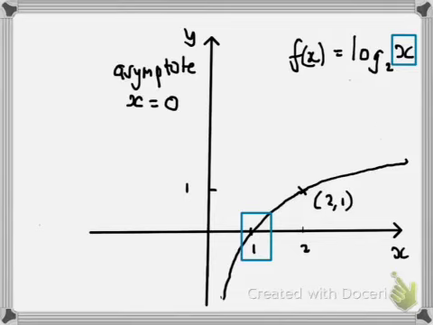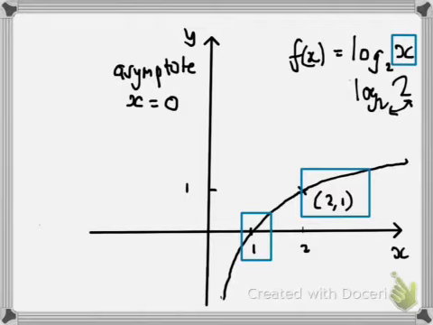Put in another point here, (2, 1), and that's because if x equals 2, log 2 to the base 2 is 1. If the base and the other number there are the same, we always know that the result is 1. So that's where we get the (2, 1) from. You'll notice that the domain is the positive real numbers.